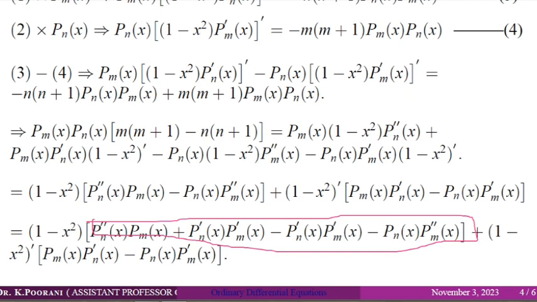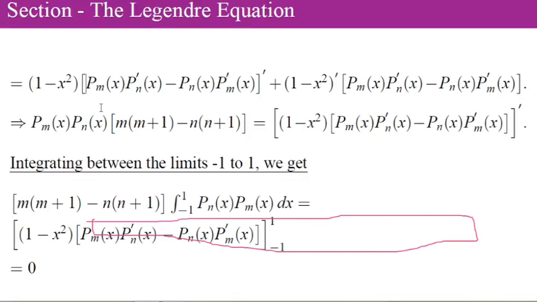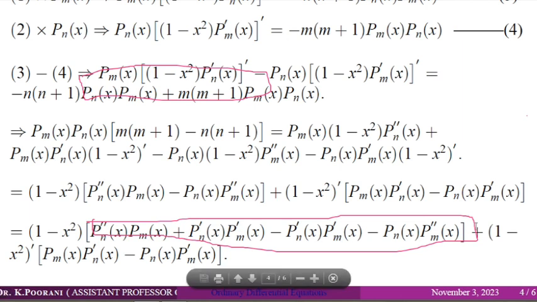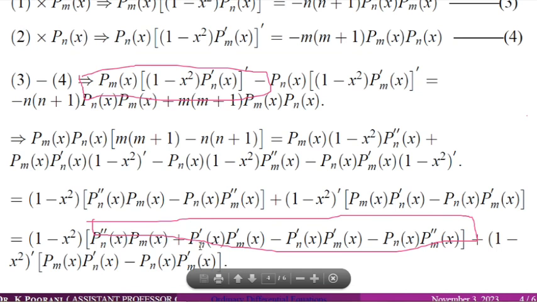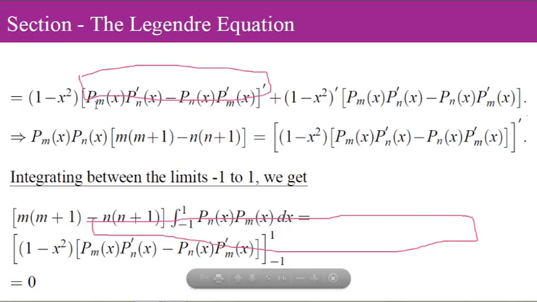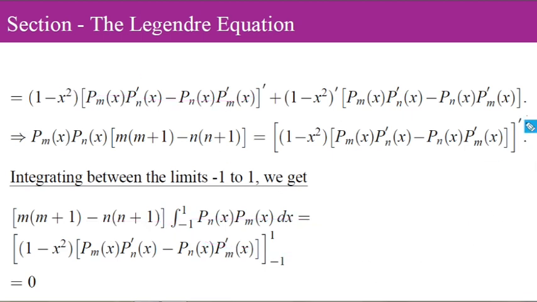These two are equal, this one and this one are equal. So we write this instead of this equation, and this term comes the same.